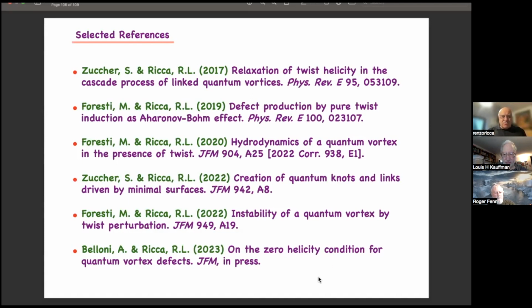And the last reference is exactly the work we did with Andrea Belloni, proving rigorously by distributional techniques that the zero helicity condition is indeed satisfied for quantum defects. This has been puzzling people for a number of years, and so we are quite pleased about that.